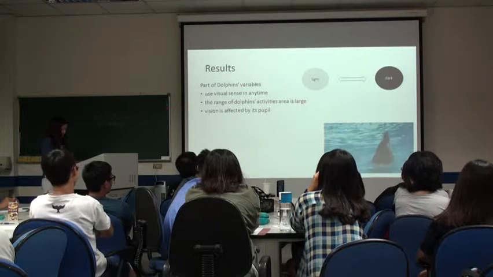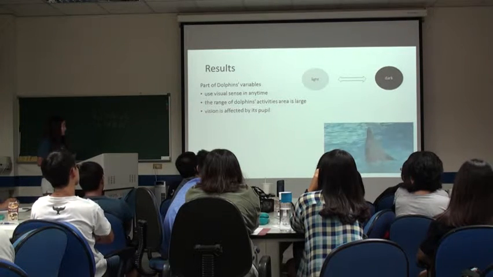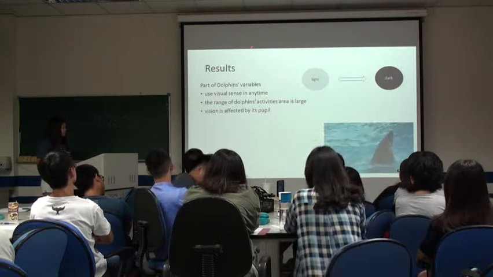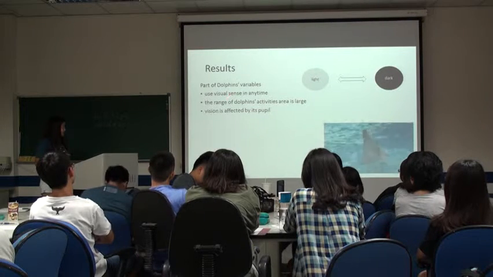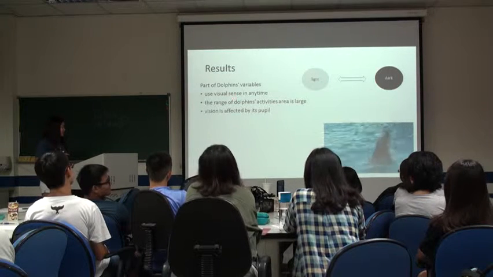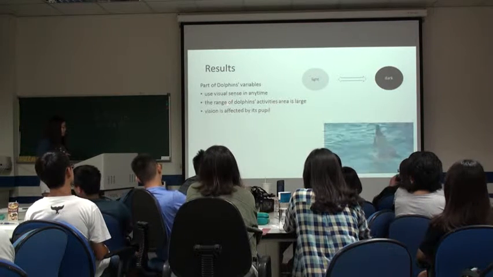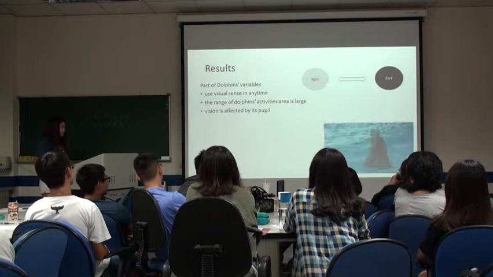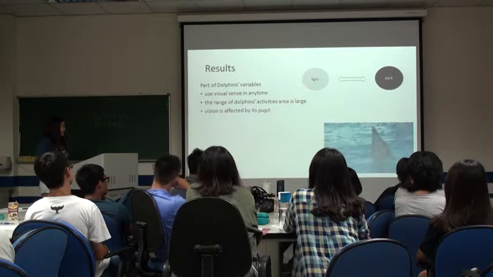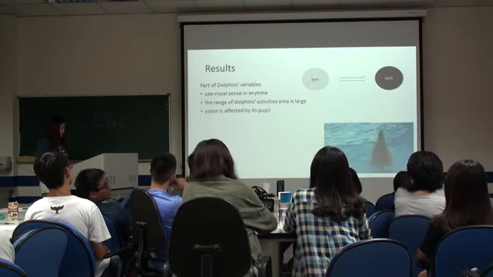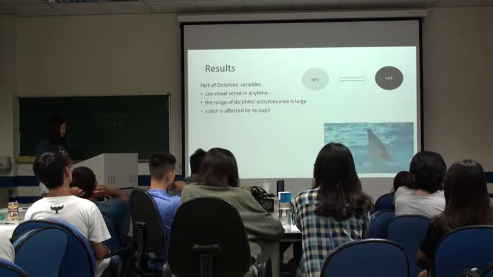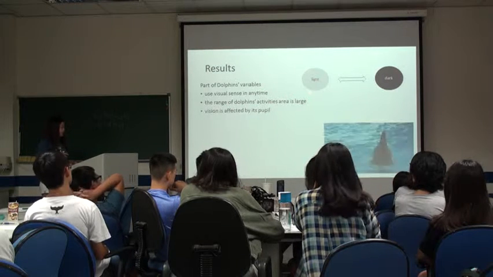And here is the result. It is complicated for us to deal with several variables. The first one is that the dolphin uses its senses at any time, so we cannot predict how the lights change at any time. And second, the range of the dolphin's activity area is large, which means they will go to the light side and the dark side. As the research said, dolphins can swim deeply and dive to 300 meters.